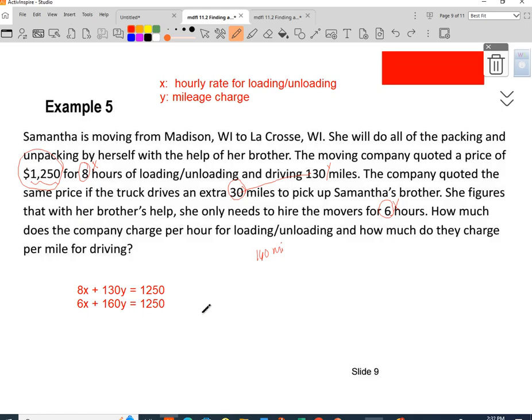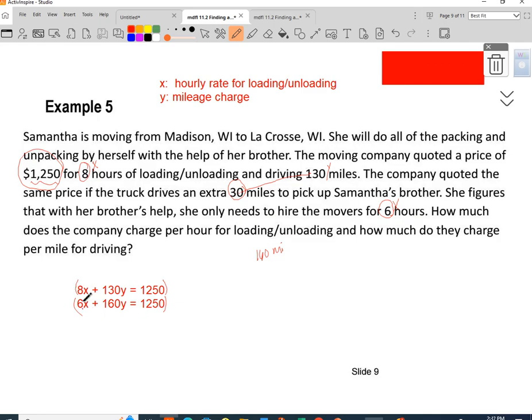Okay, so now we're going to look at these two coefficients on either x or y and see what we can easily multiply one of the equations by so we can get our opposite coefficients. The easiest thing to do is multiply by a whole number. There's not an easy number to multiply 8 by to get 6 or 6 by to get 8, right? So I could multiply both equations by a number and get opposites that way.